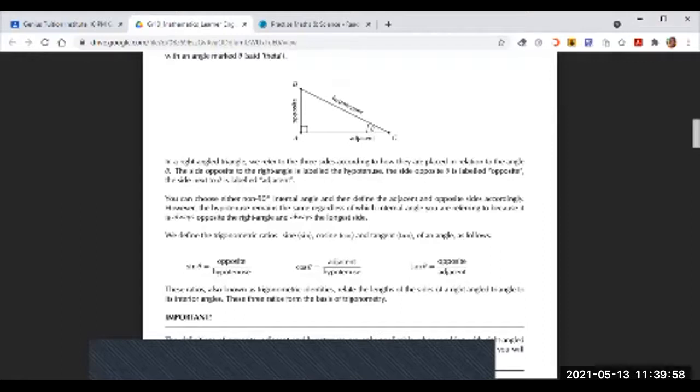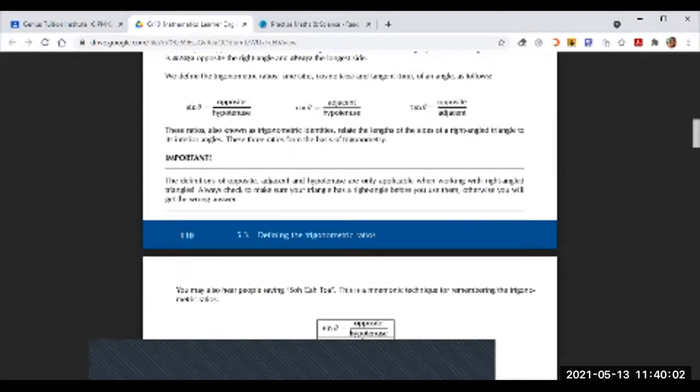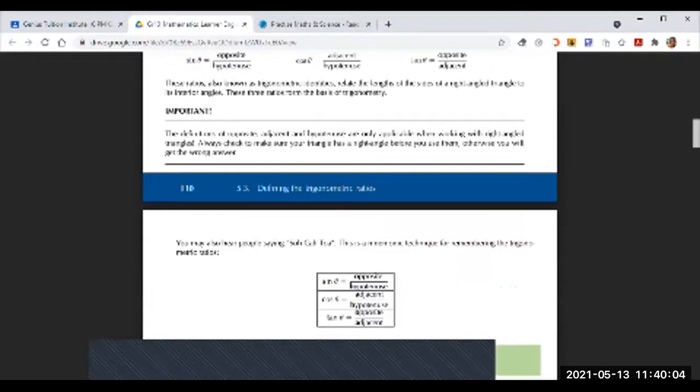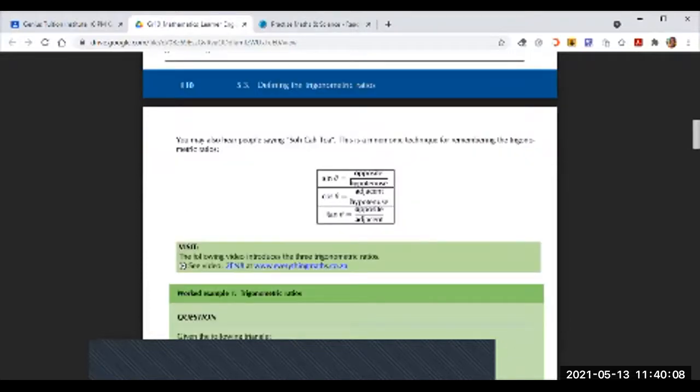I also have an acronym of this. Now we come to a conclusion that you also have an acronym like SOH-CAH-TOA. This is a mnemonic technique for remembering the trigonometric ratios.